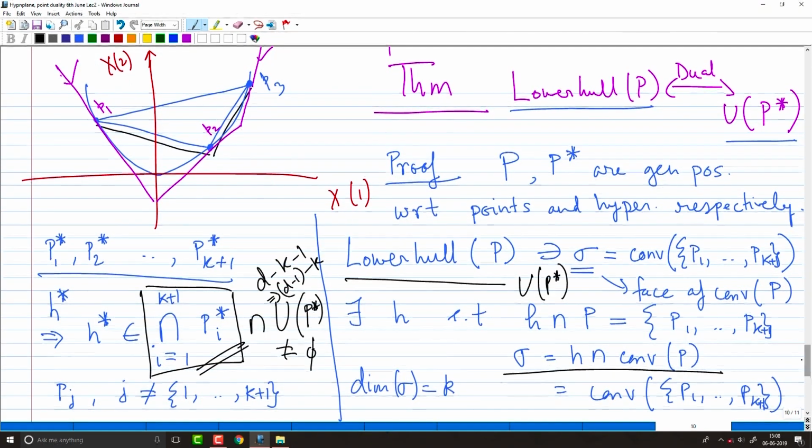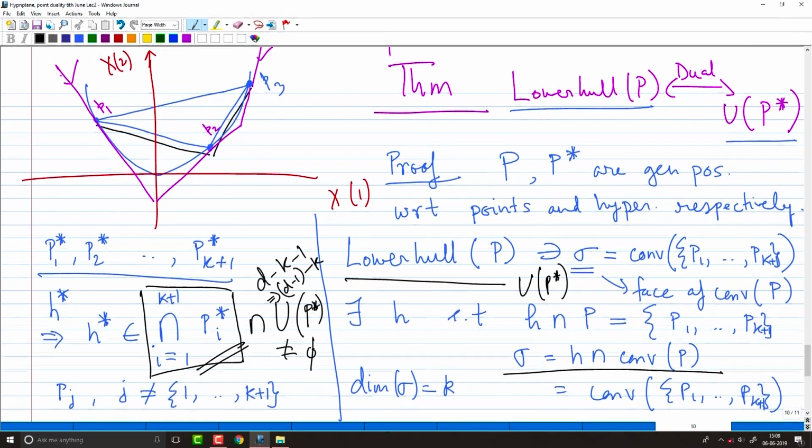Now, I start with a k dimensional face of the lower hull. I want to generate a d minus 1 minus k dimensional polyhedron face of the upper envelope.